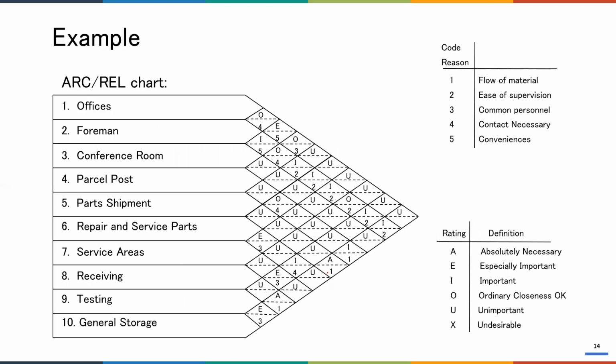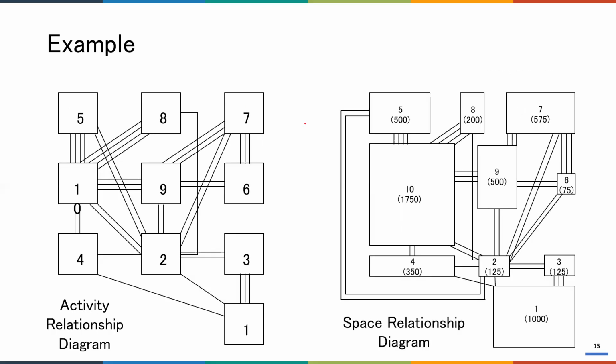Okay, so if we have this kind of ARC, we understand how they have this closeness rating from one department to each other, and how we can build the ARD from there and the space relationship diagram, and then we can make the block plan. So block plan is just how we will place it: department 5, department 8 should be close to department 10, department 9 should be close, for example, here.